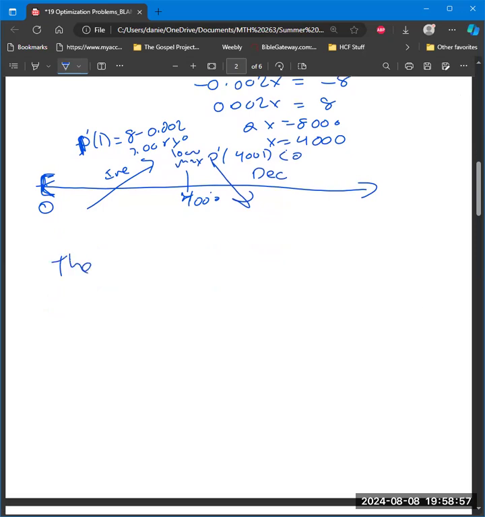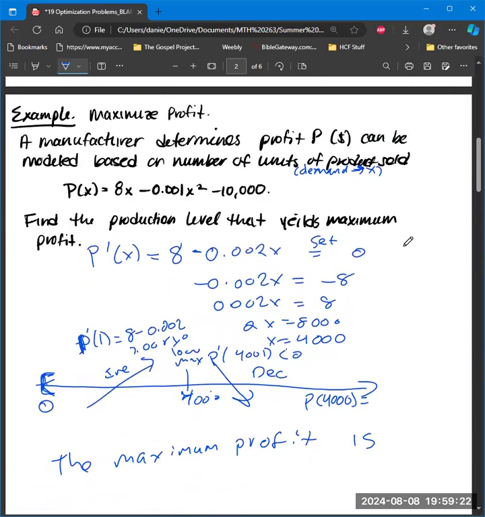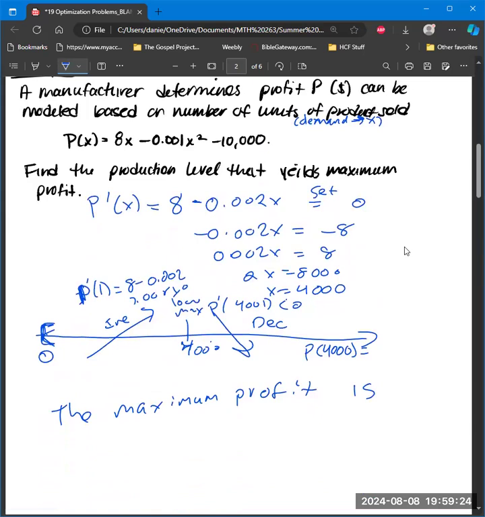So the maximum profit occurs, let's actually find out what that is. What is P of 4,000? So that's going to be $6,000.